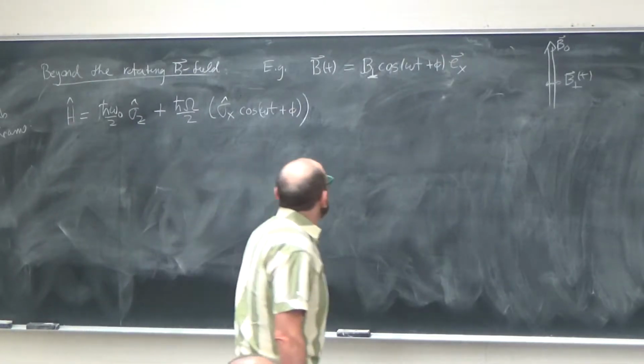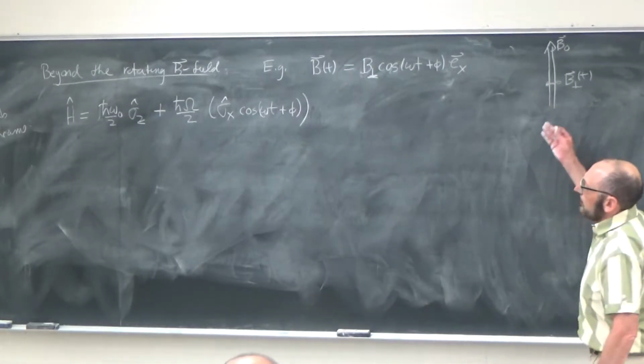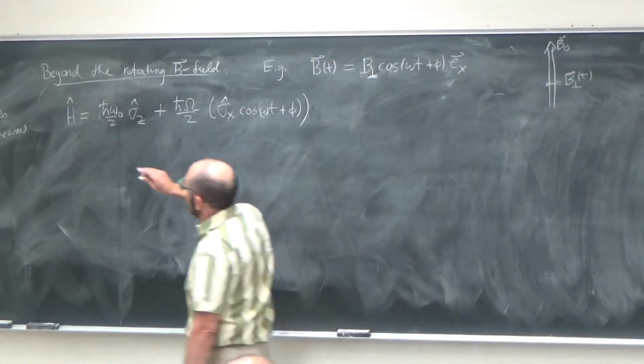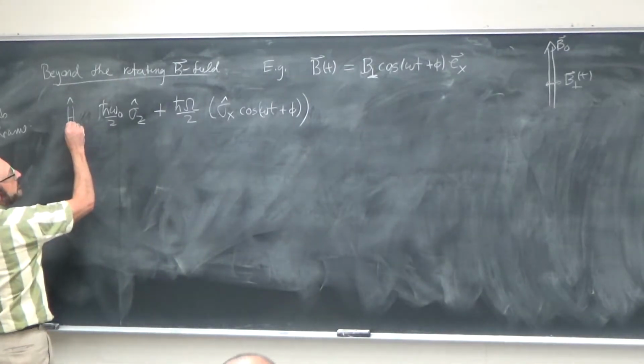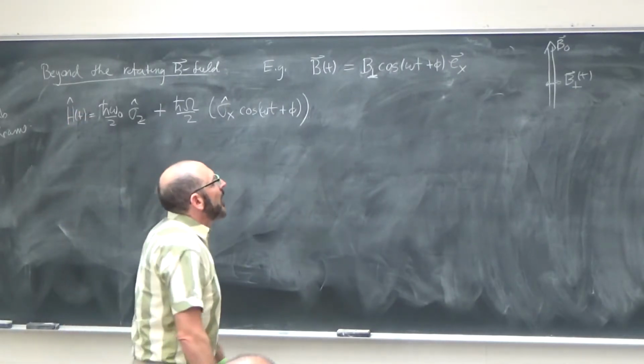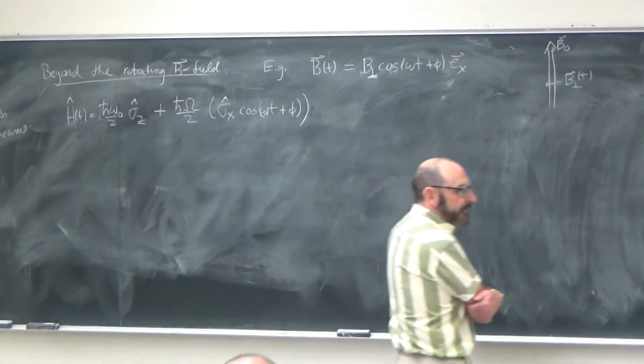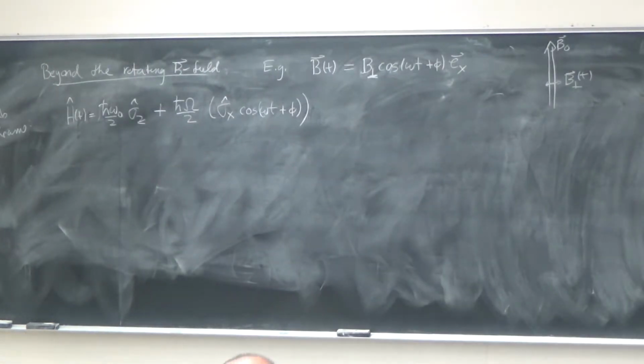All right, let's take a closer look. This is my time-dependent magnetic field. Let's look at how we might make an approximation to solve this problem. We know that we can solve this problem exactly if we had a field rotating along in some direction, right?